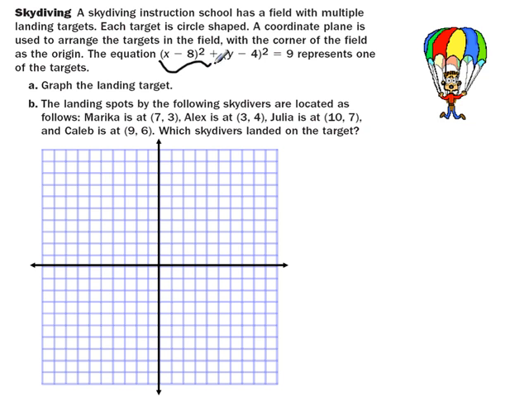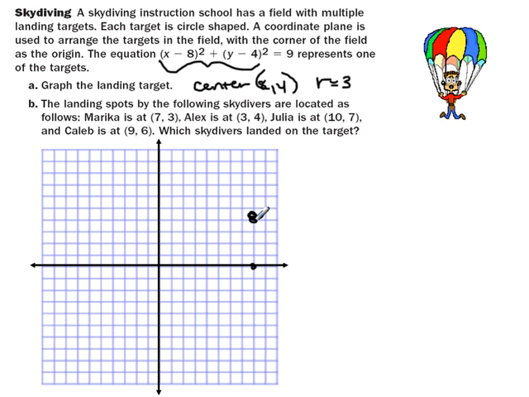So once again, this is like our first part. We know, looking at this, that my center is going to be at (8, 4), which is just the opposite of what's in here, and my radius is going to be the square root of whatever this is, which is 3. So graphing this, I can go 1, 2, 3, 4, 5, 6, 7, 8, up 1, 2, 3, 4.